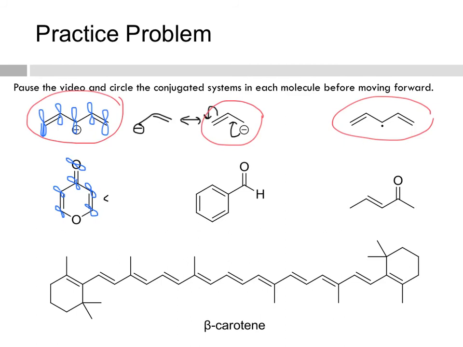There are several different resonance forms, but we'll just draw one to show that we can do a conjugation. So this is one possible resonance form, and what it's showing is that this oxygen can be sp2 hybridized and therefore also has a p orbital. And so this entire system is also conjugated.